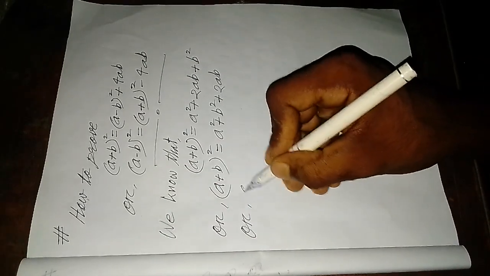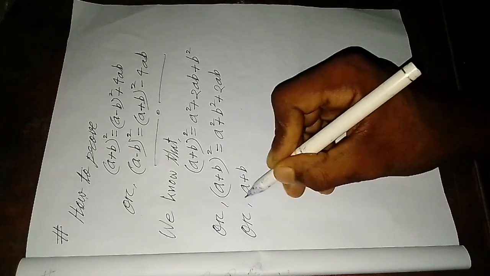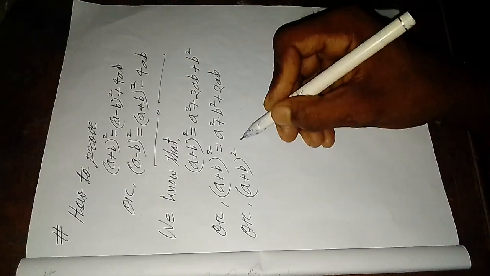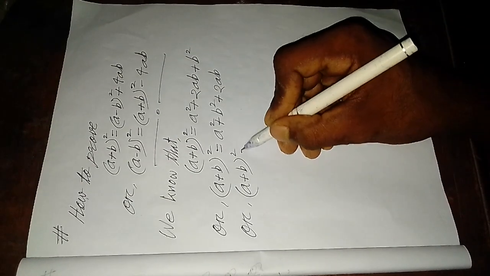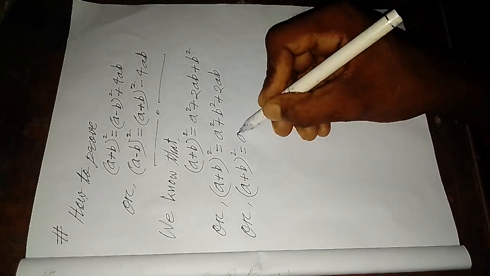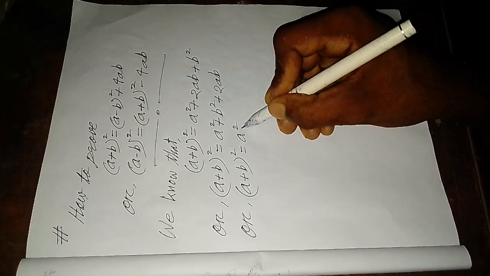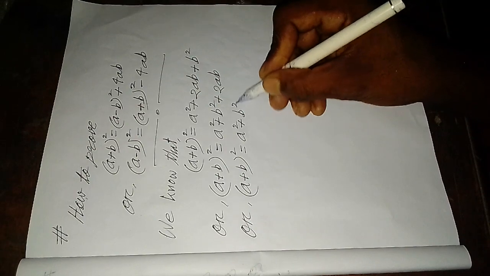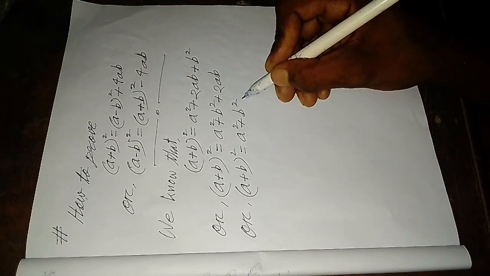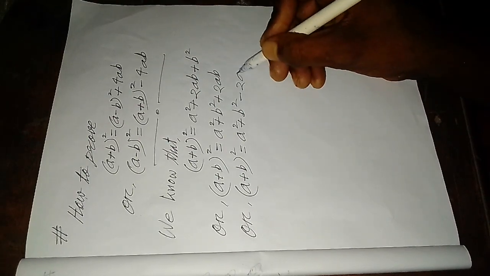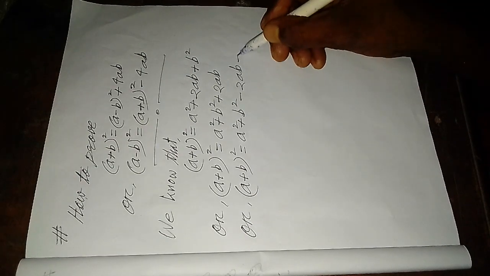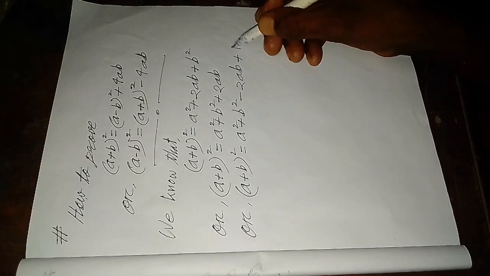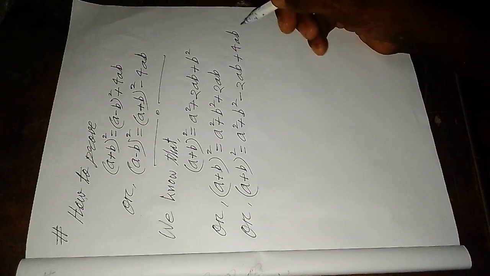or (a plus b) whole square equal a square plus b square minus 2ab plus 4ab.